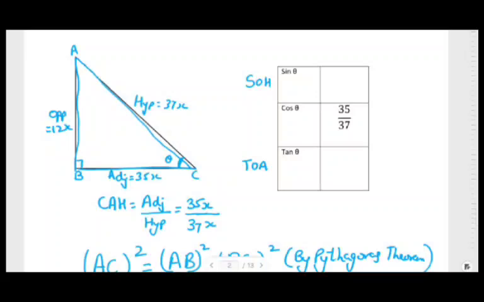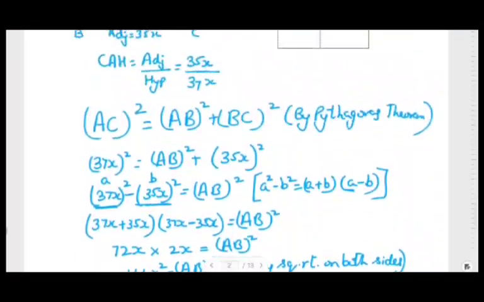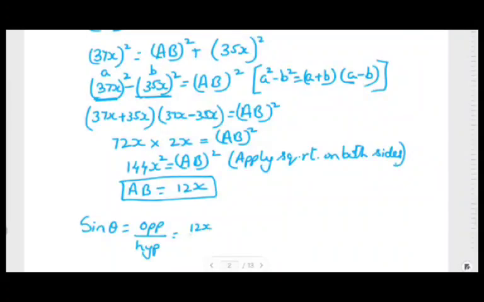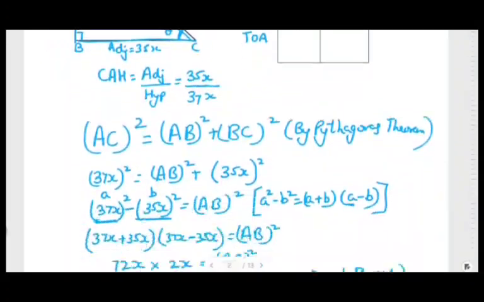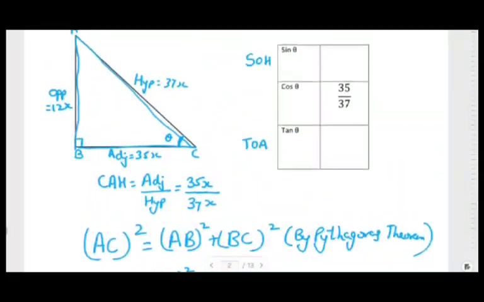So for SOH out here, if I have to find out sine theta, I'm going to apply opposite upon hypotenuse. What's my opposite value? It is 12x. What's my hypotenuse value? 37x. Yes, x cancels. What's my sine value? 12 upon 37. Should I write it here?